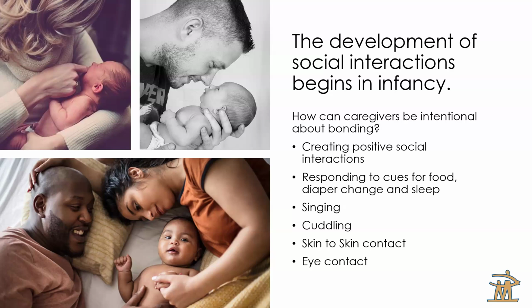When you look at these pictures, you can really see how important touching and talking and just loving a very young child, a baby is. And we know that those social interactions begin in infancy.